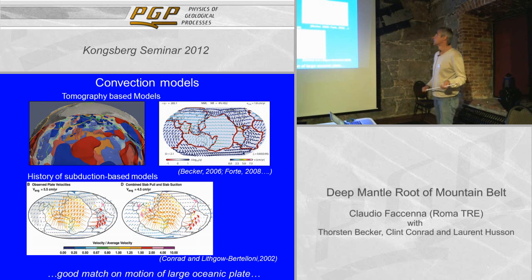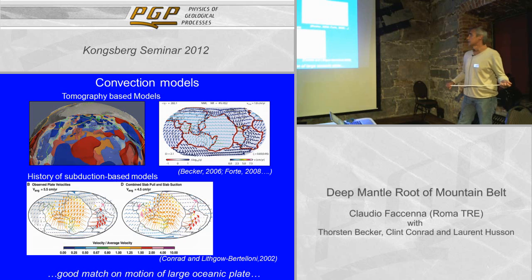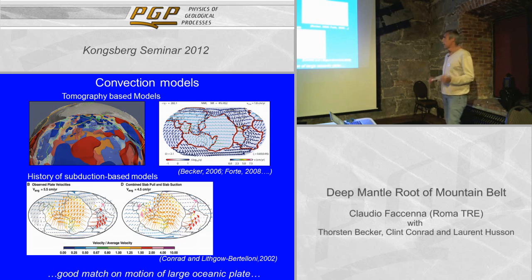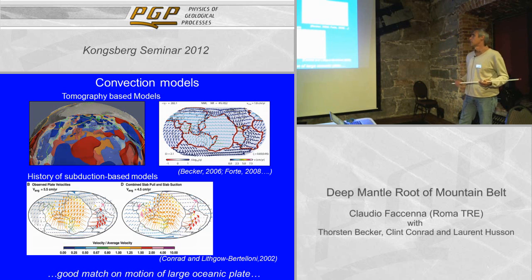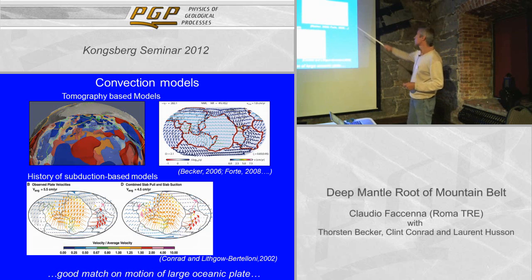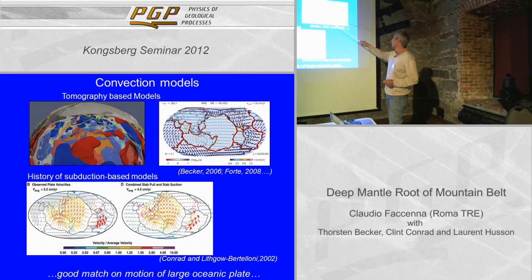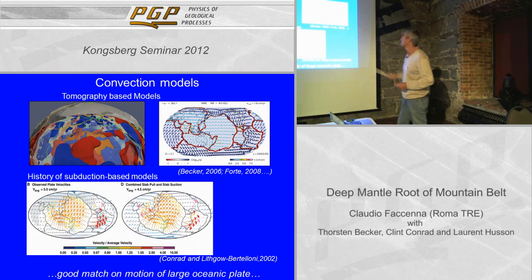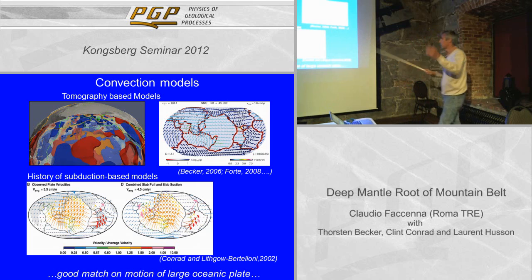In fact, during the last decades, several people have tried to understand how mantle convection can drive plates, and successfully. There is a plethora of models, for instance using seismic tomography inverted for density to drive convection and measuring the velocity of the plates, doing quite a nice job here. I recall just a couple of papers, but there are a number of them.